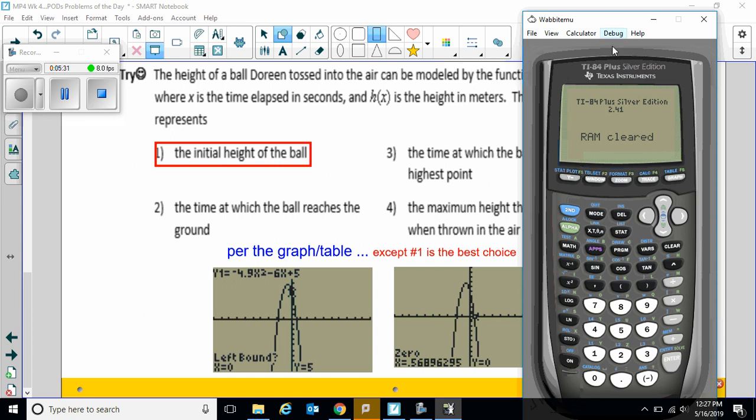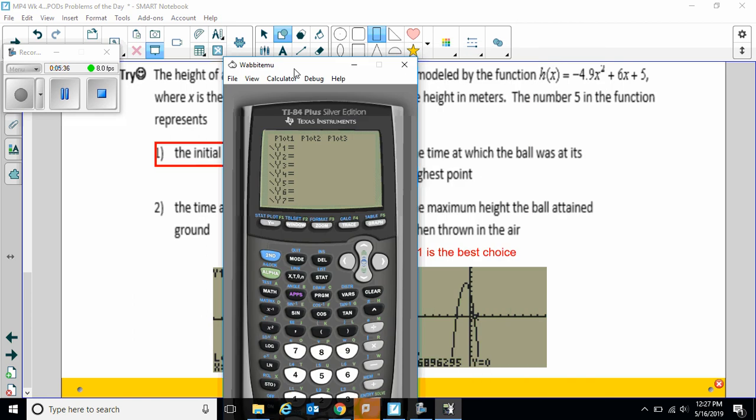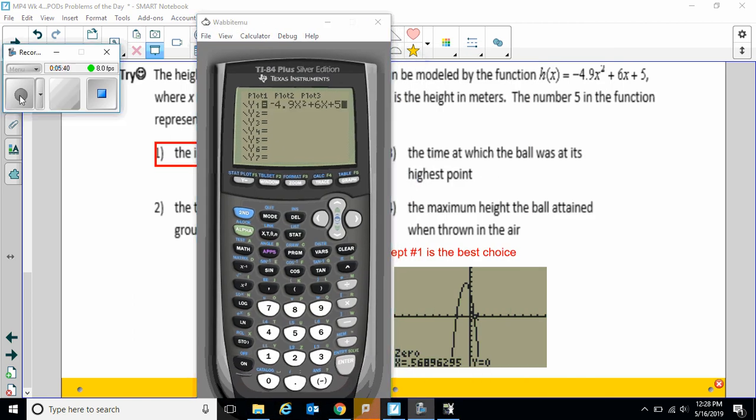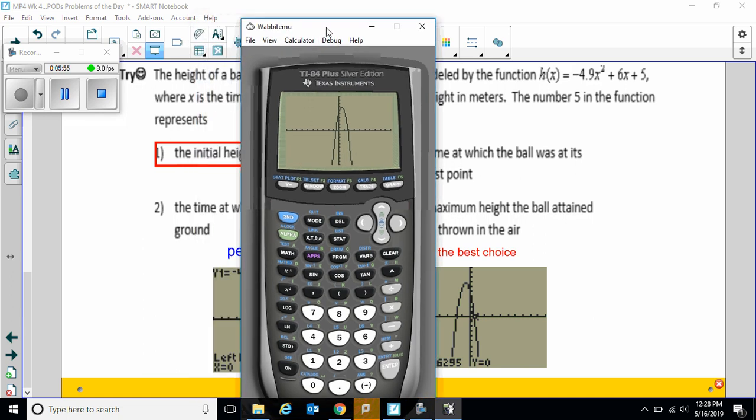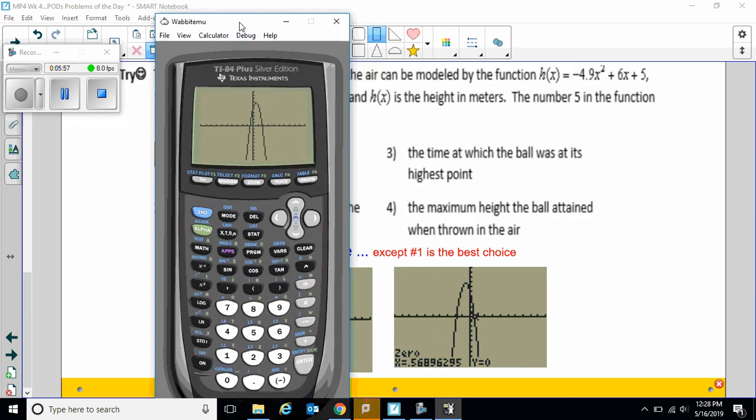Well, you put your equation in, as I probably could have done a little earlier. Once you've got your equation in there, you hit graph and get a picture of it. My question is, what does the number 5 represent?